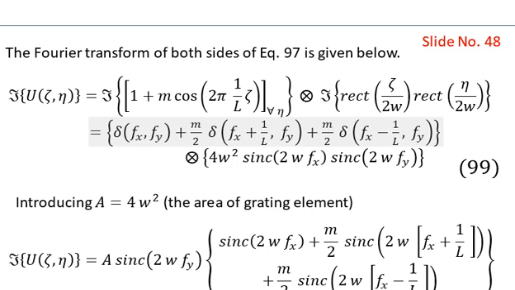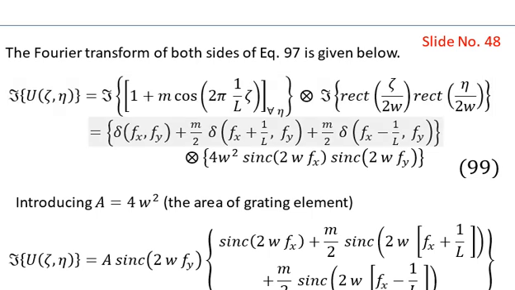One is delta of fx comma fy, the Fourier transform of 1, and there are two others with values of m by 2 into delta of fx plus 1 over L comma fy, and m by 2 into delta of fx minus 1 over L comma fy. So three delta functions arise due to the Fourier transform of the 1 plus m times cosine grating.